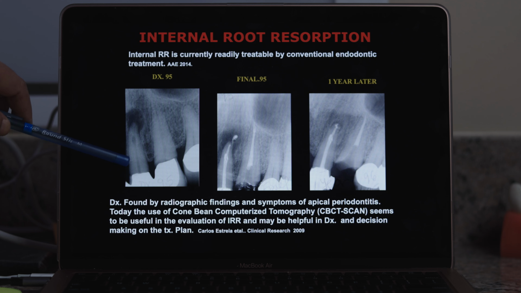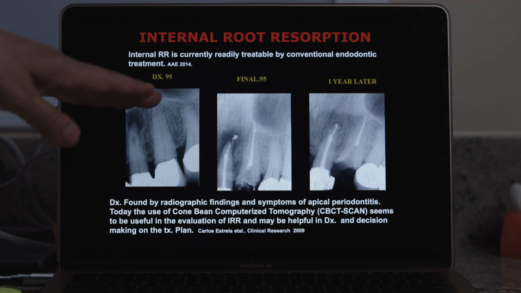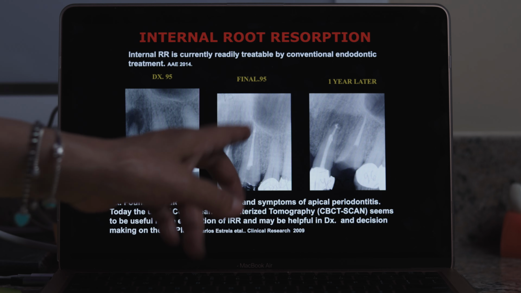So this patient had an infection. We open the case, we let it drain, we clean, we dry, and when we close it, we place MTA. After placing the MTA, we bring the patient back periodically to see if he has healed. After 1 year, as you see, the healing. What do we see here?